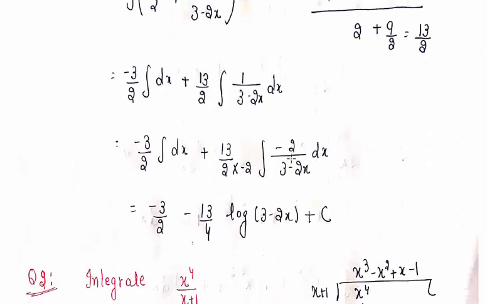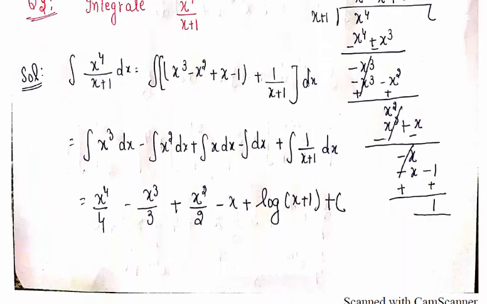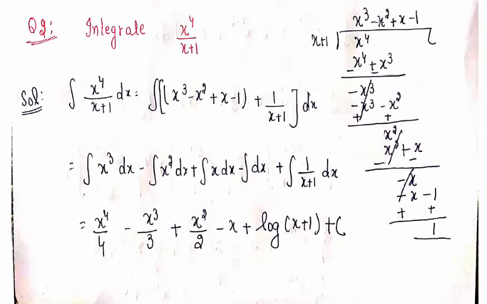To make the derivative of this term appear in the numerator, we multiply and divide with minus 2. This is equal to minus 3 by 2 into x, minus 13 by 4 log of 3 minus 2x, plus c.